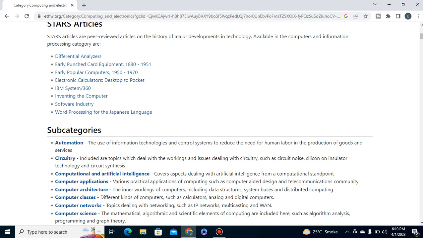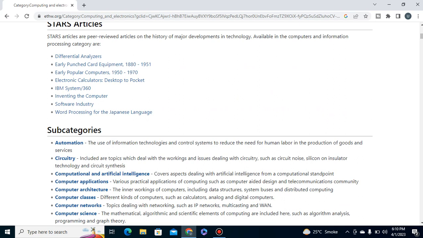Computational and artificial intelligence covers aspects dealing with artificial intelligence from a computational standpoint. Computer applications: various practical applications of computing, such as computer aided design and telecommunications.